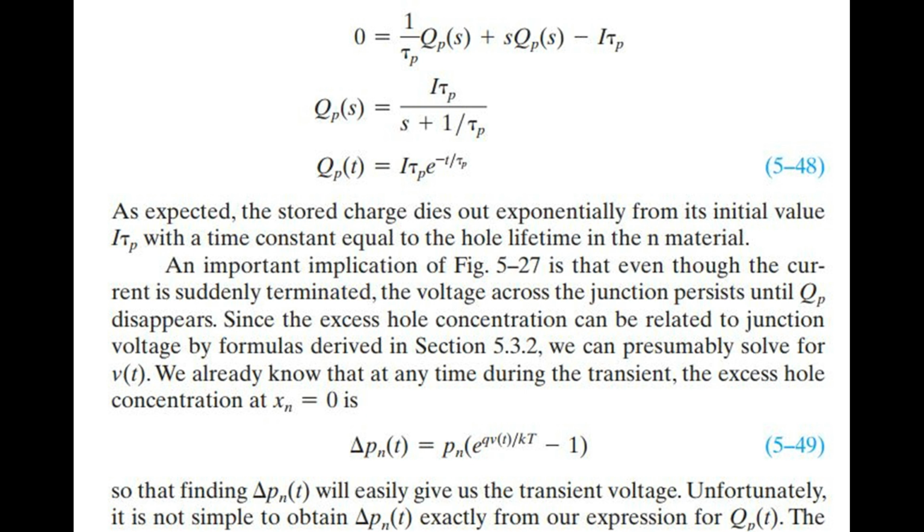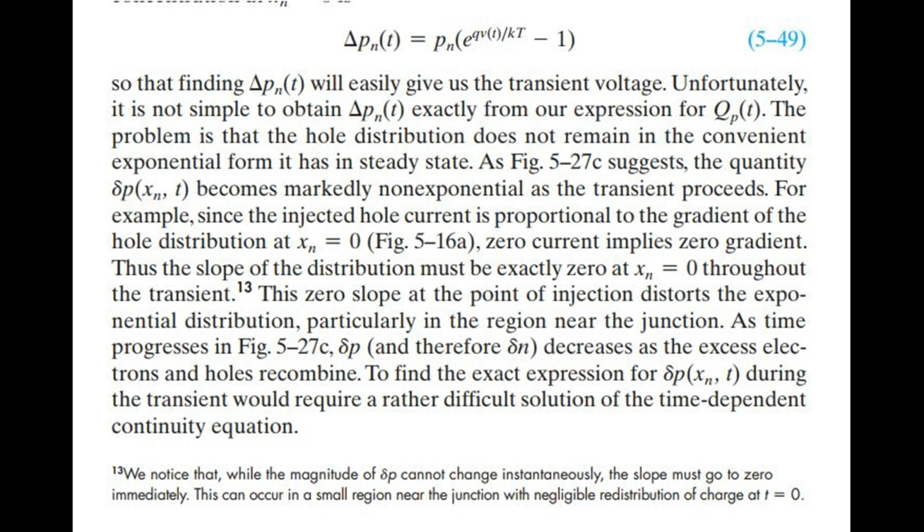Unfortunately, it is not simple to obtain pn(t) exactly from our expression for Qp(t). The problem is that the hole distribution does not remain in the convenient exponential form it has in steady state. As Fig. 5.27c suggests, the quantity δp(xn, t) becomes markedly non-exponential as the transient proceeds.